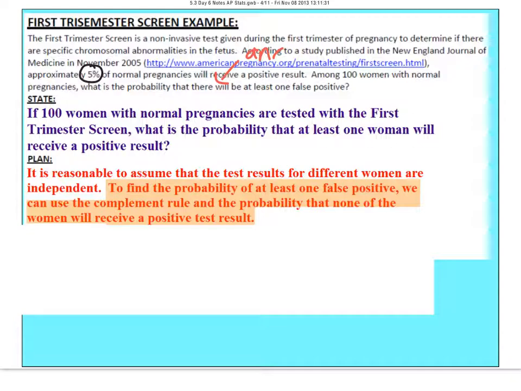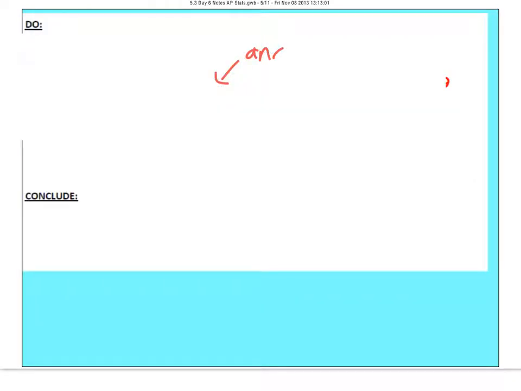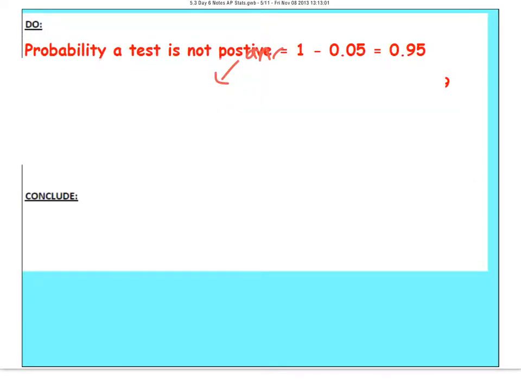So let's do the do portion. For the complement, we're going to say the probability that a test is not positive is going to be the whole, 1, minus 0.05. So for a test to come back negative, which is what they want, is 95% chance for every woman.